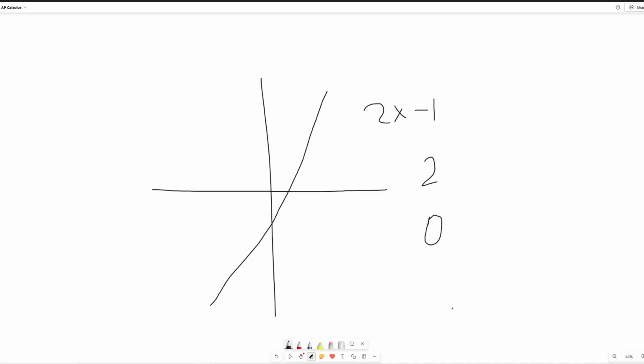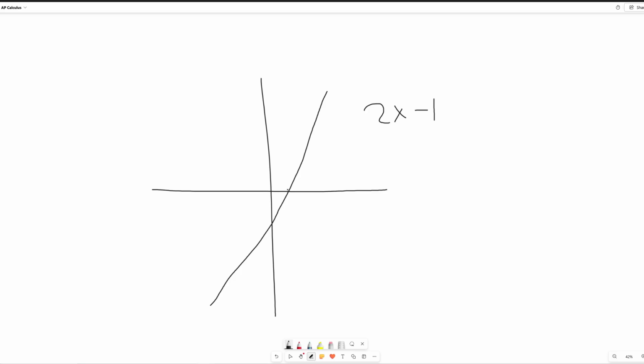So, in this case, you could say that it is always increasing because the slope is always 2. And you could say it has 0 points of inflection.